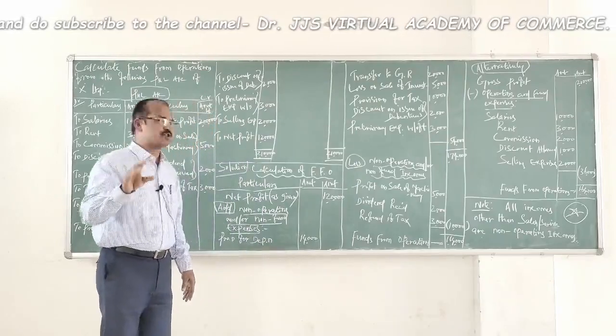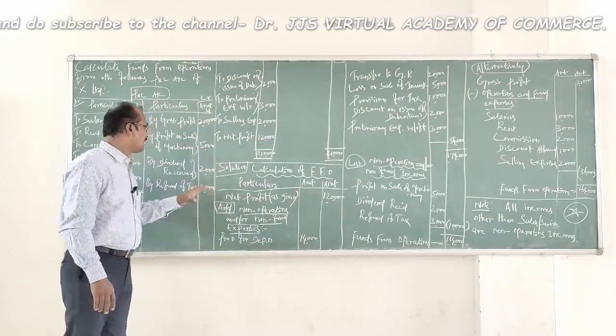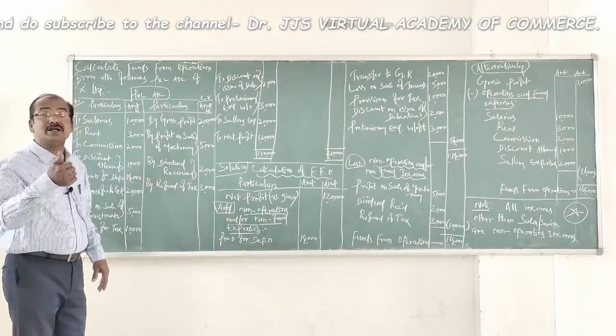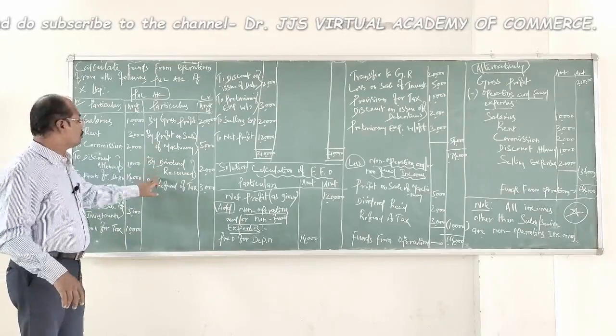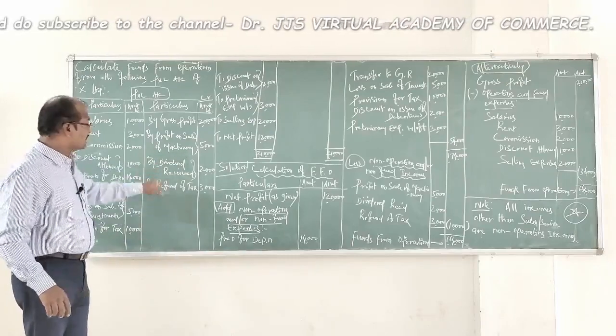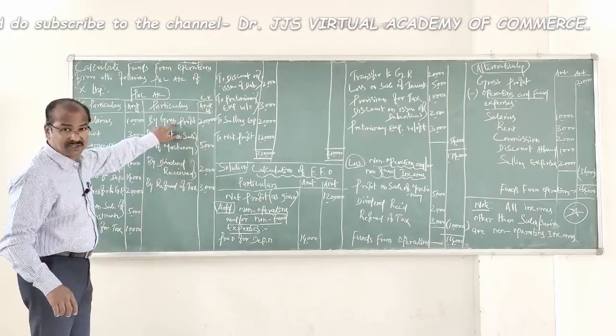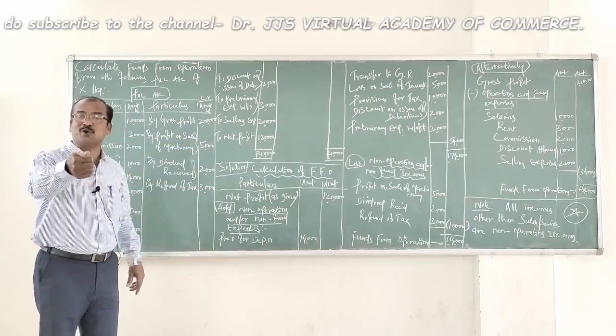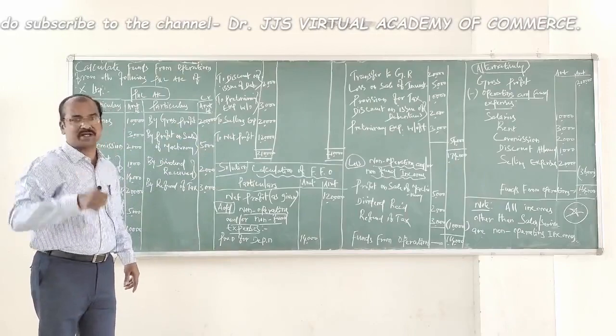So, simply assume all the indirect incomes that are credited in the P&L account are what? Non-operating incomes to be subtracted, because they have already been added with the gross profit to calculate the net profit. But we would like to know what the funds from operations are.